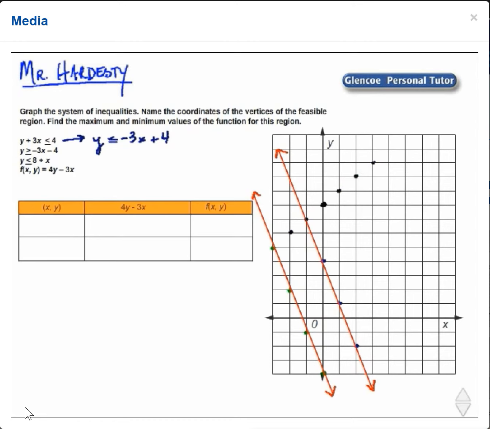And we'll connect those points like so. And again, this is an inequality that says less than. So we were less than, greater than, and less than. Our feasible region would be shaded here.